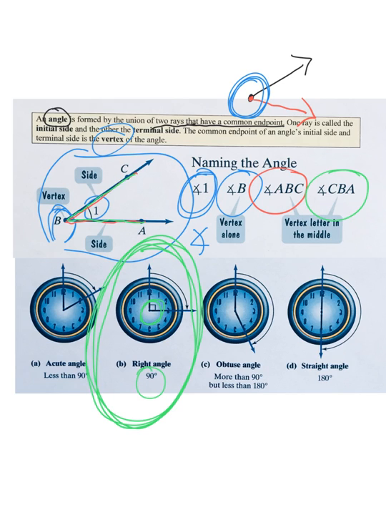So now if I look at example A, to the left of that clock, I'm circling in red pen, that's an example of an acute angle. An acute angle is any angle smaller than 90 degrees. So if you notice any angle that's less than the corner of a piece of paper, it's acute.